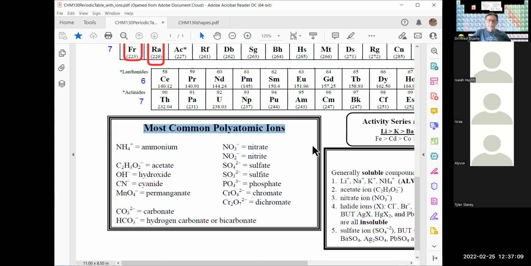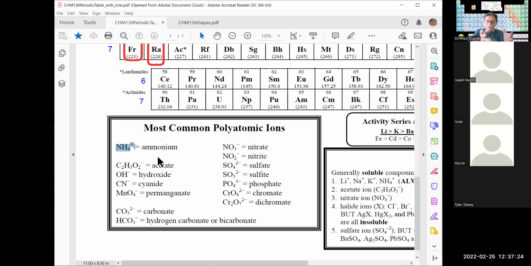There are things like NH4 plus, that's called ammonium. These are units. These polyatomic ions come together, bonded together as a unit.